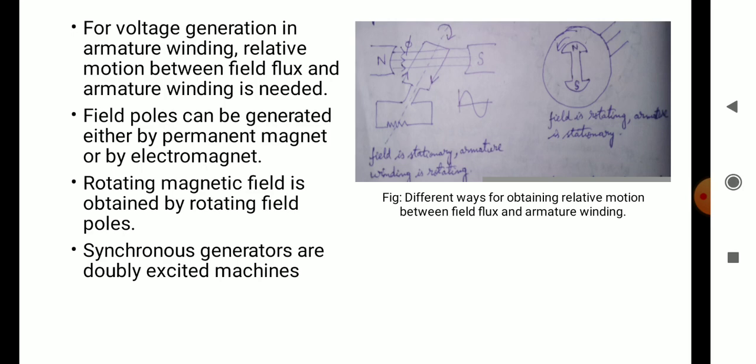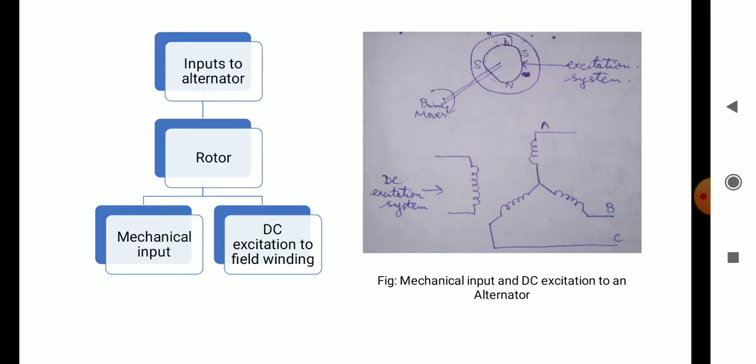Synchronous machines are doubly excited machines because we provide two inputs to the rotor: one is the mechanical input, and the other is the DC excitation to the field winding present in the rotor. Here in the figure on the right hand side, we can see that the excitation system is provided to the field winding and it produces the poles, and after that we rotate the poles with the help of a prime mover.